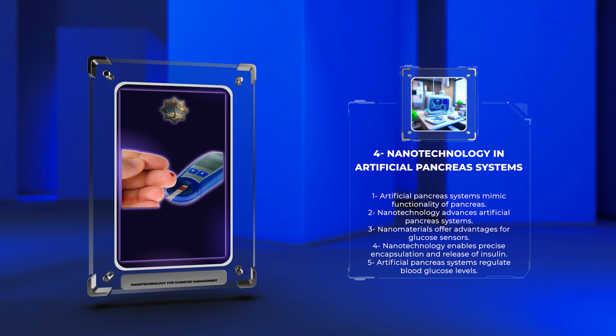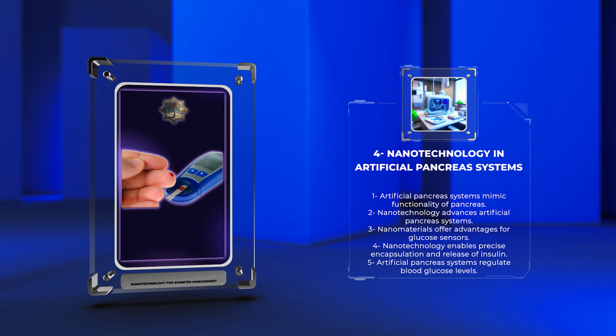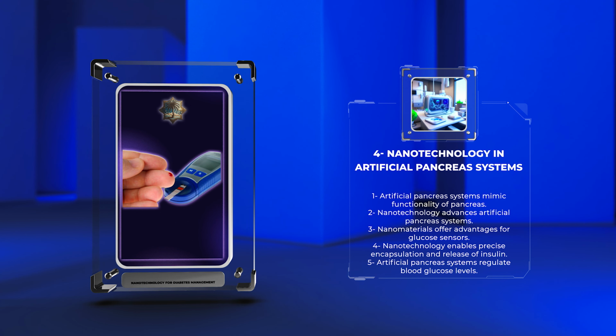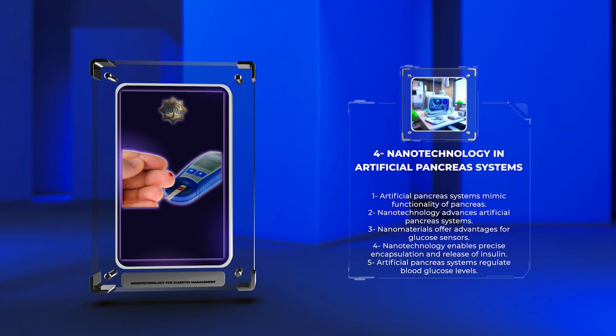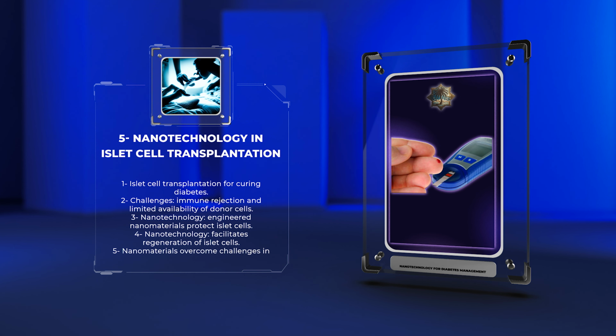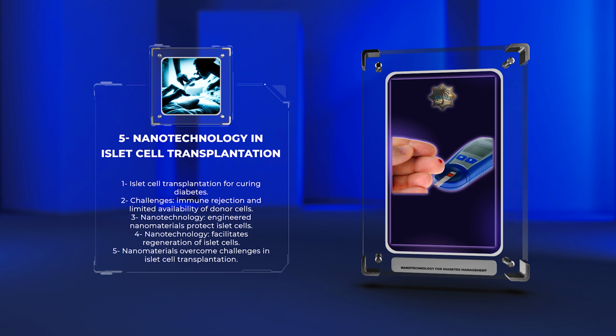Moreover, nanotechnology enables the precise encapsulation and release of insulin, enhancing the closed-loop control of blood glucose levels. Artificial pancreas systems represent a breakthrough in diabetes management, promising more precise blood sugar regulation and improving patients' quality of life.